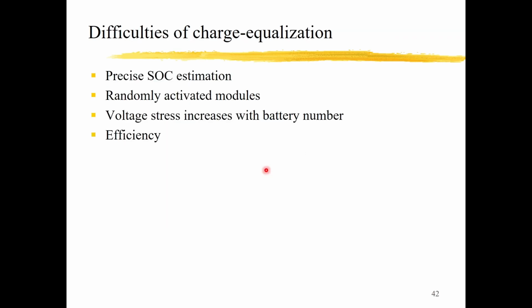For the charge equalization, I have to spend more time on this issue. That is because for the BMS implementation, most of the functions can be achieved by the BMS IC.